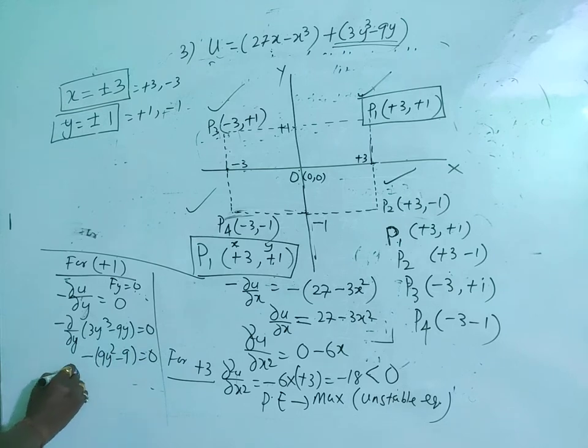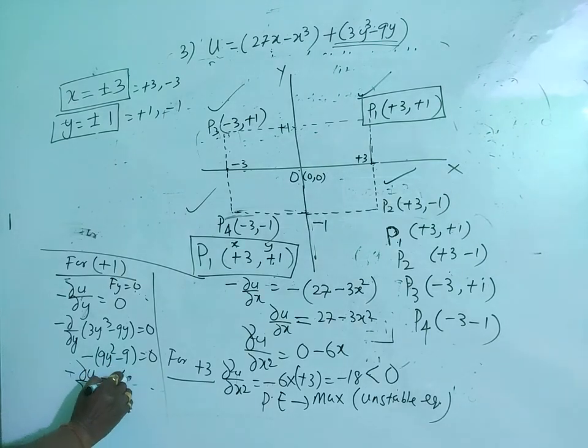Now, minus du by dy is equal to minus 9y square minus 9, then d square u by dy square. Differentiating minus 9y square gives 18y minus 0.